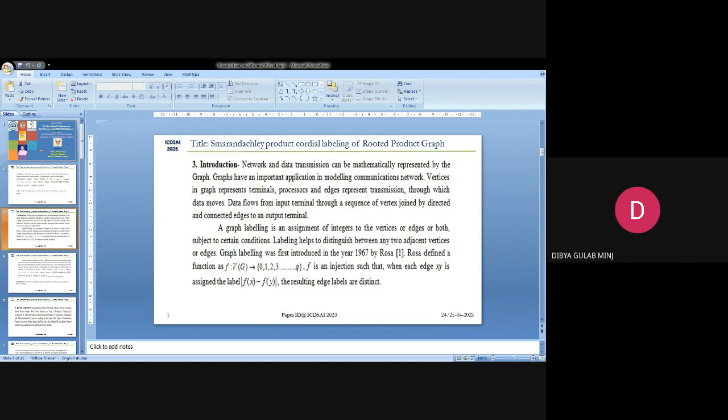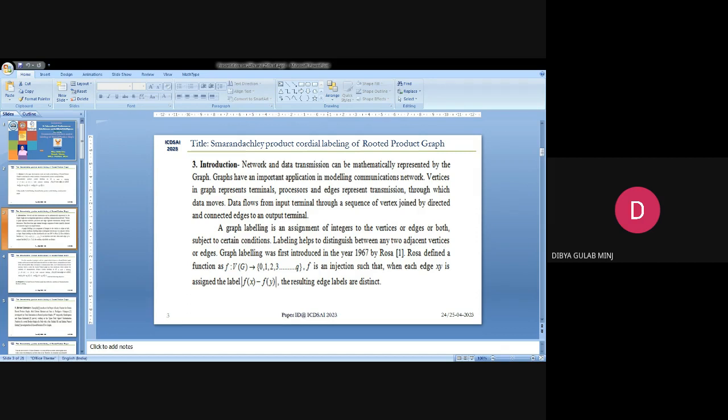Here we can see that the number of V1, that means the number of all total vertices labeled 1, is 12 and V0 is equal to 4. We put all these values in the Smarandache product labeling formula, and it satisfies the condition. That means the result we are getting is 8, which is greater than or equal to 2.